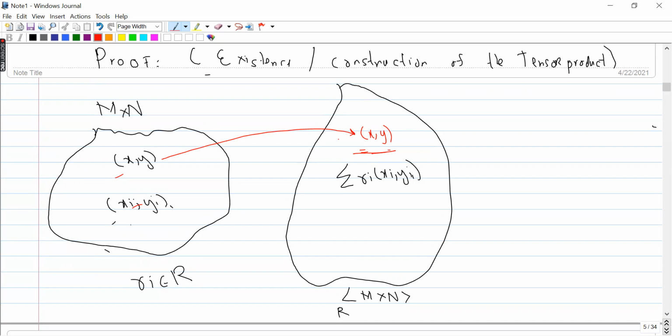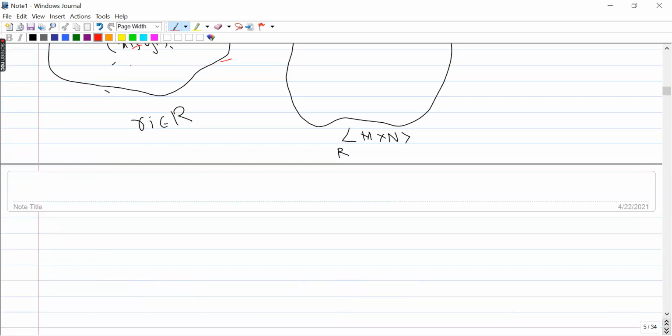I want to construct a bilinear map, a bilinear map from M cross N to K. इस मॉड्यूल को मैं algebraically यहाँ पे इस तरह से लिख देता हूँ कि initially we have M cross N. From M cross N we constructed this thing, which is the set of all finite linear combinations, and this is a free R module. Why am I saying this is a free R module?